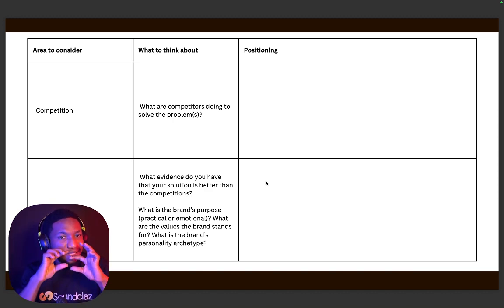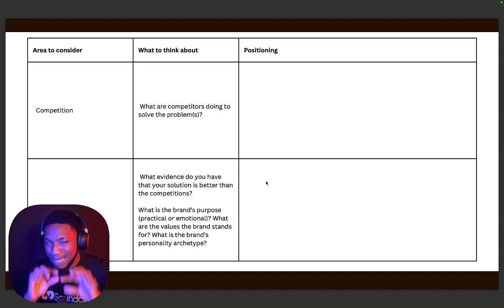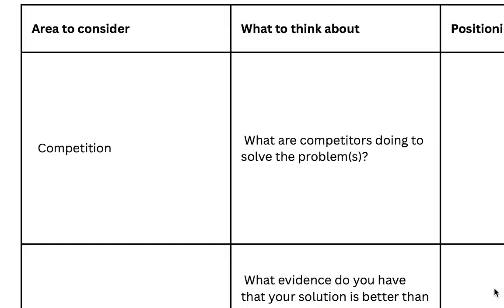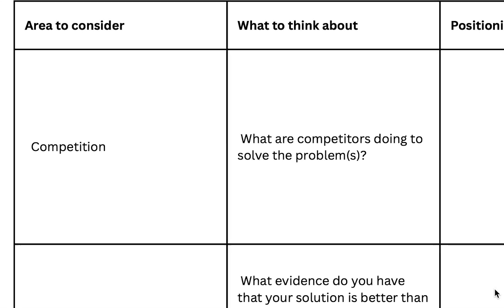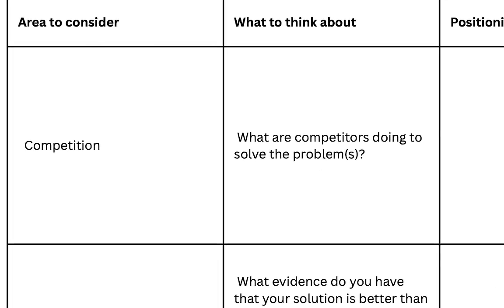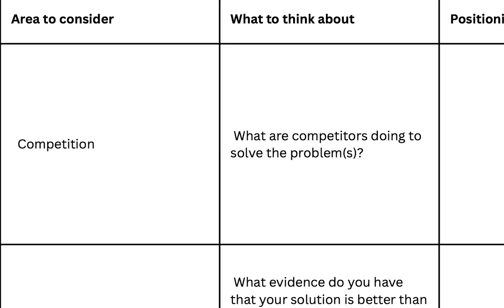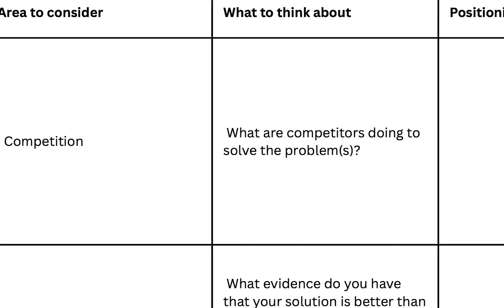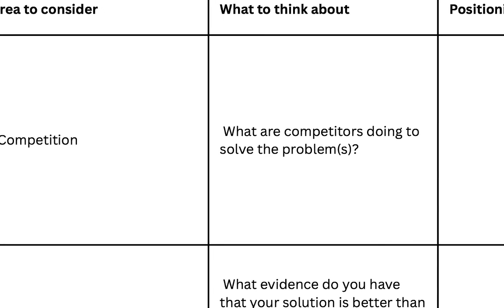You have to understand where you are on the map and what they are doing to beat the people above you so you can be at the top of the map. And that's why this part is here. You have to understand your competitors and first know the problems they are solving and the way they solve the problems. Then you write that out.